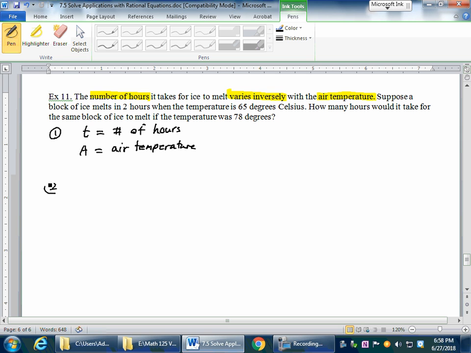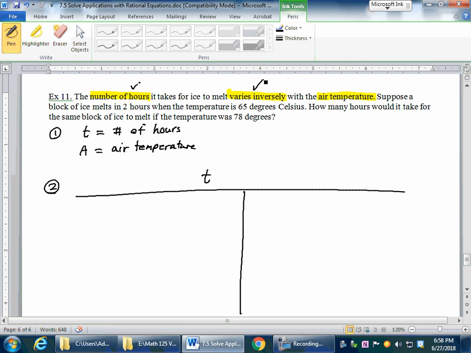And in my second step, we're going to write down the formula. The formula says that the number of hours, which is T, varies inversely, that means equal to k over the air temperature, which is A.